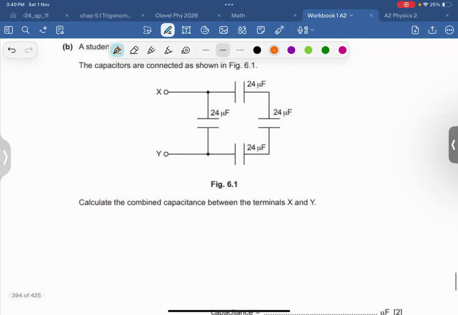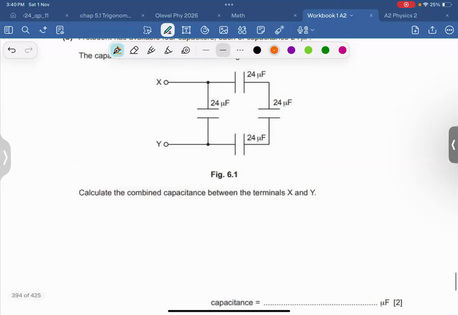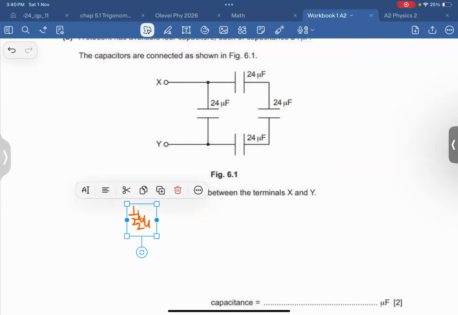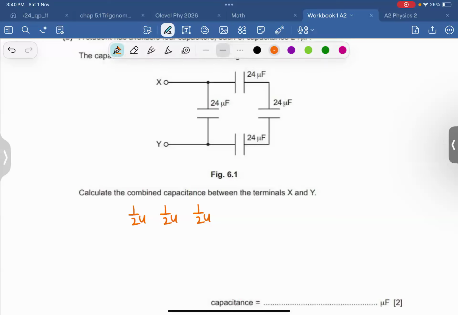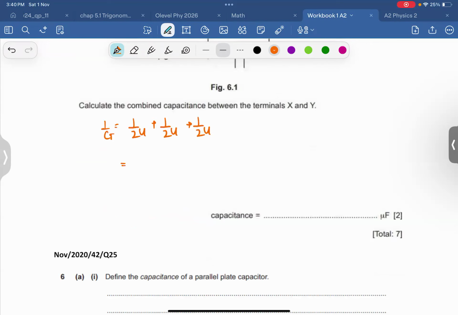So we have to find the combined capacitance between X and Y. That is going to be 1 over 24 plus 1 over 24 plus 1 over 24. These are for the three capacitors in series, right? 3 over 24, that is 1 over 8. So the total for the first capacitor group is 8.